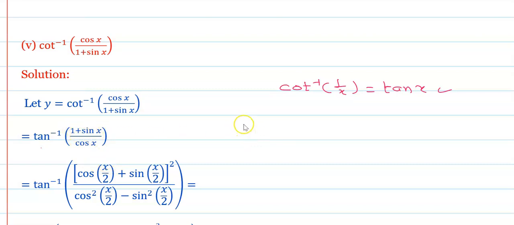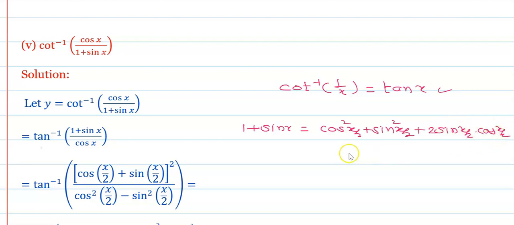1 plus sin x means what? 1 means cos square x by 2 plus sin square x by 2. And sin x can be written as 2 times sin of x by 2 into cos of x by 2.